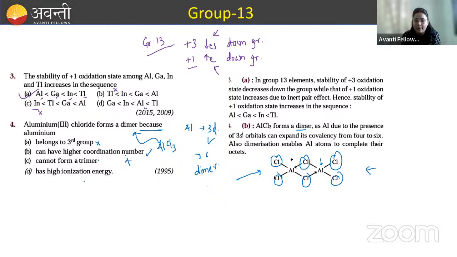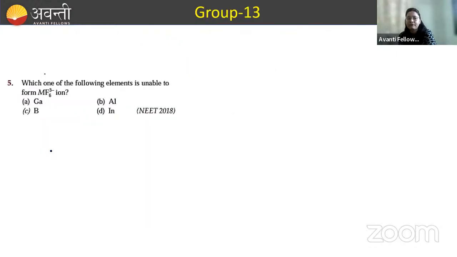So यहाँ पे आप देख रहे हो एक aluminium को 4 chlorine atoms attached हैं, right? In order to complete the octet, it forms a dimer. That is very important. But how can it form? Because it can expand its coordination number. So option B is the correct answer here, right? Any doubt regarding this? Okay, let's move on to the next problem.